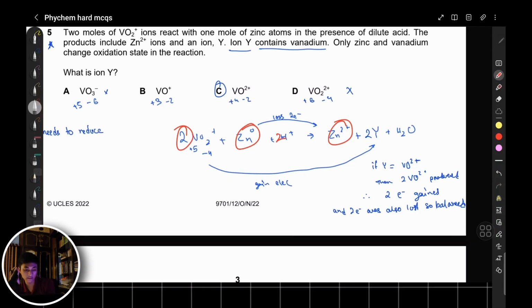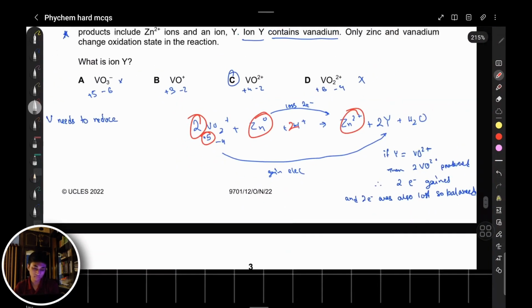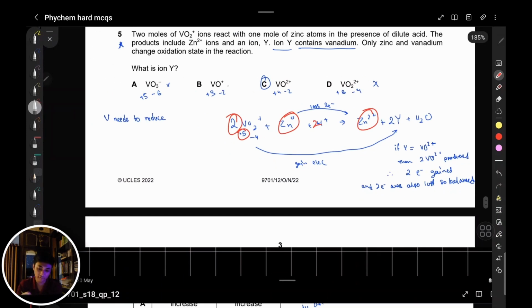Which ion is going to be gaining those electrons? Vanadium plus 5 ions. So it's going to be going from plus 5 to either plus 4 or plus 3, whichever option you have. You have 2 options, plus 3 or plus 4.